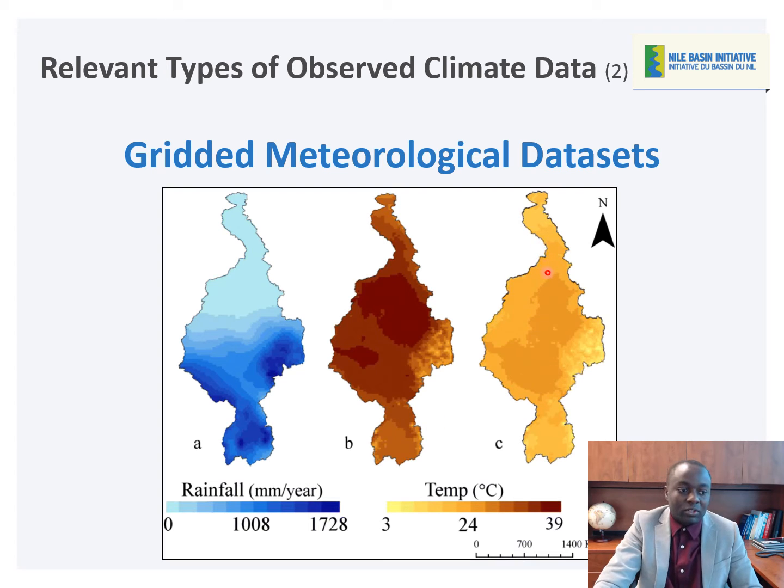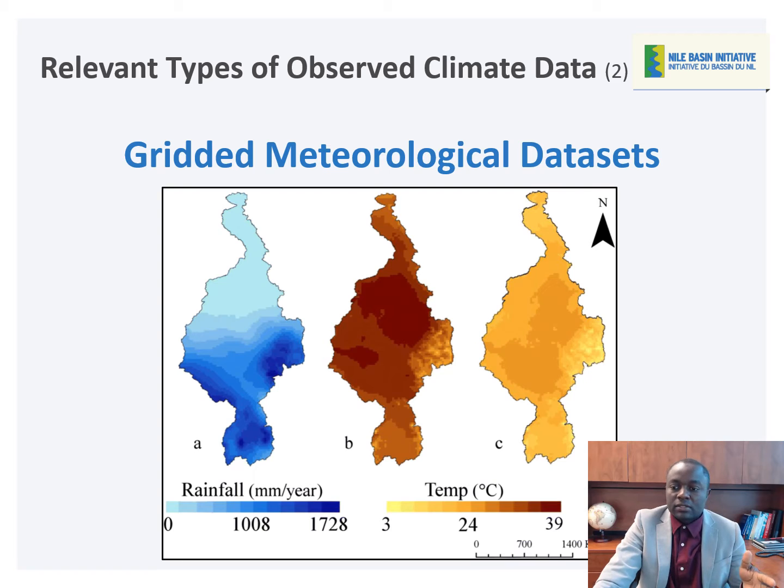Why is that important? Well, one of the major problems with station data is its missing values, inhomogeneity, fewer number of stations, and issues with record lengths.